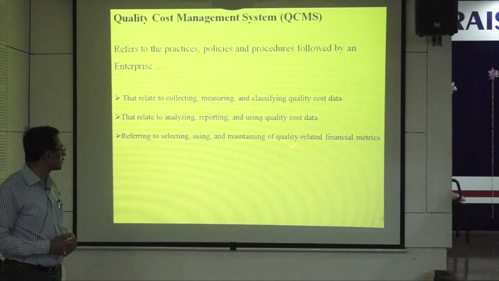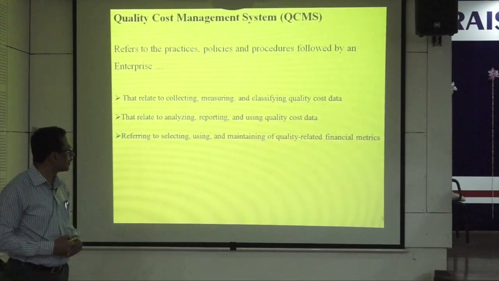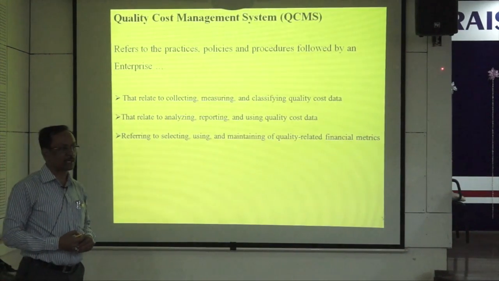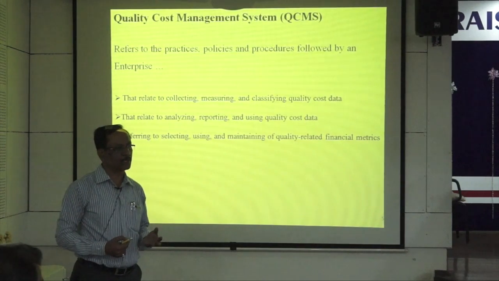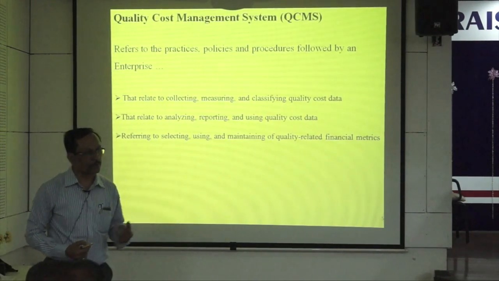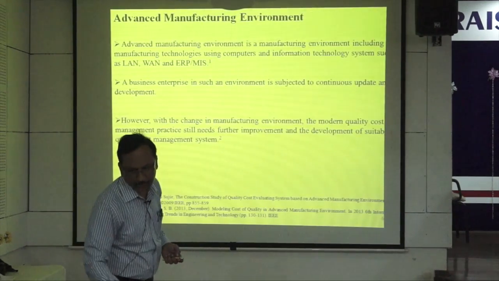And then we have to generate certain quality related financial metrics. Quality related information is available in different forms, but if it is converted into financial information, then upper management takes a lot of interest in it, and that is the importance of this process.